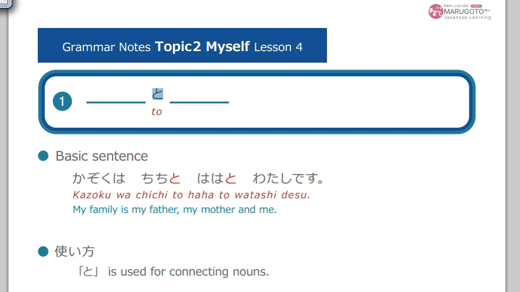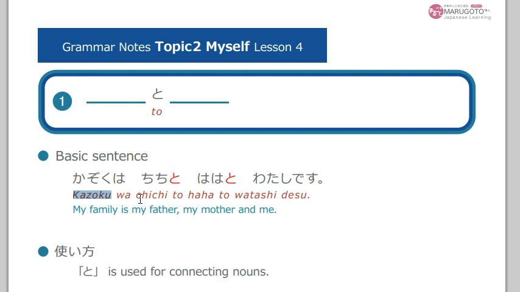家族は父と母と私です。 So in my family, we have the word for family, 家族, wa, so talking as for my family. What about my family?